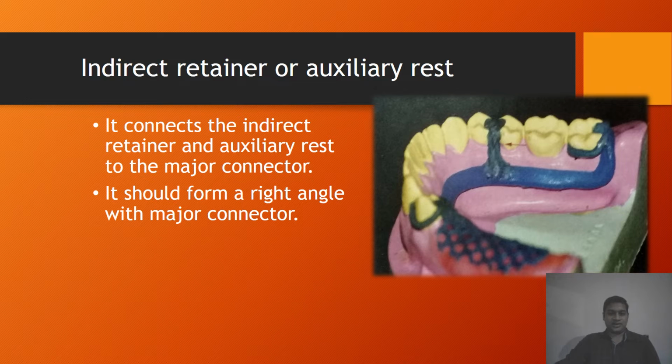There is a rest attached to the major connector with the help of the indirect retainer minor connector. Also, there is a clasp assembly along with a rest given on the second molar, called the auxiliary rest. This auxiliary rest is connected to the major connector with the help of the indirect retainer minor connector. Ideally, it should form a right angle with the major connector. As you can see in the picture, it forms a 90-degree connection between the rest and the major connector.